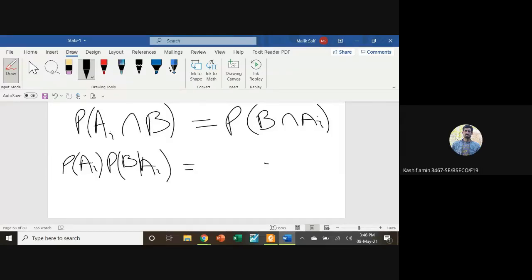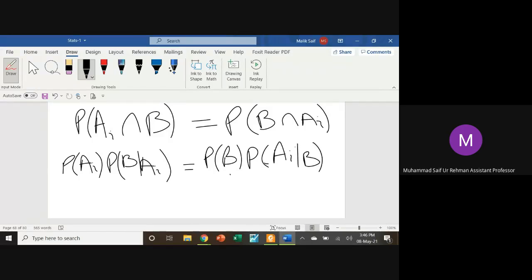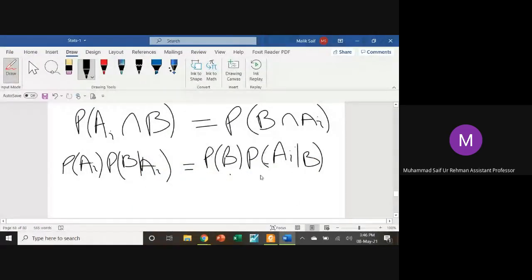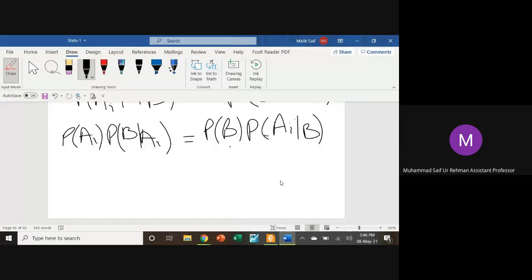And here on the right hand side, probability of B multiplied by probability of A given B. Fine. Now, in the Bayes formula, if you see, A given B is there. Is it or not? Yes, it is. So if I solve this equation for A given B, how could I write it?